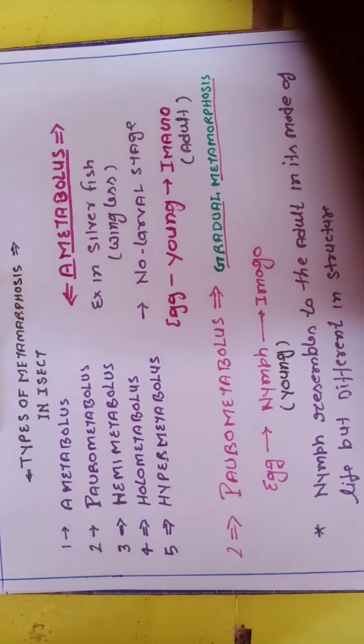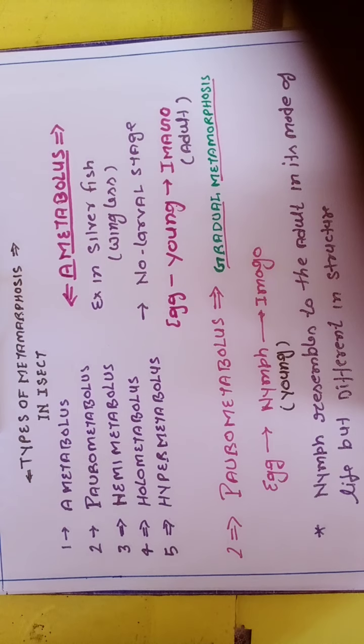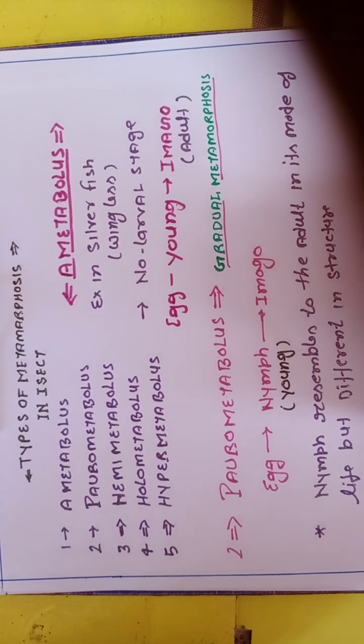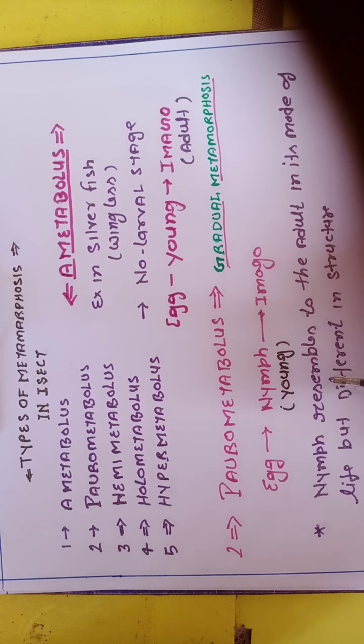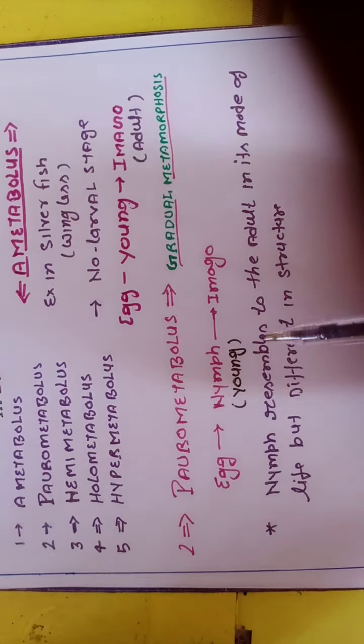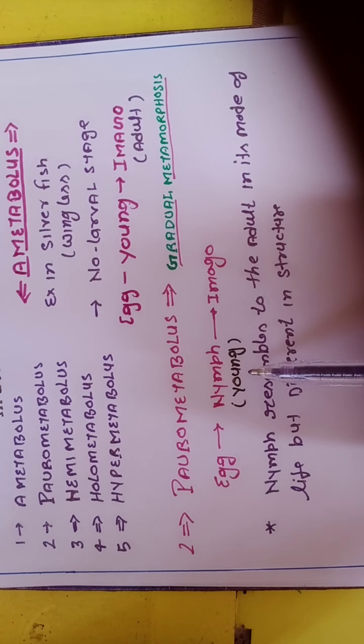So such type of gradual metamorphosis is known as pleurometamorphosis, in which different nymphal stages may be present, as in the case of the cockroach there are 13 nymphal stages. How many nymphal stages are found in the cockroach?